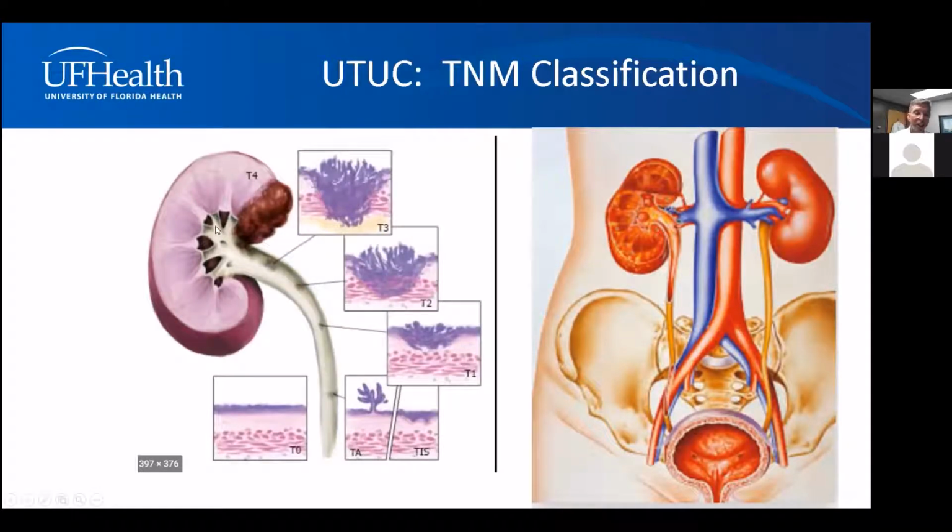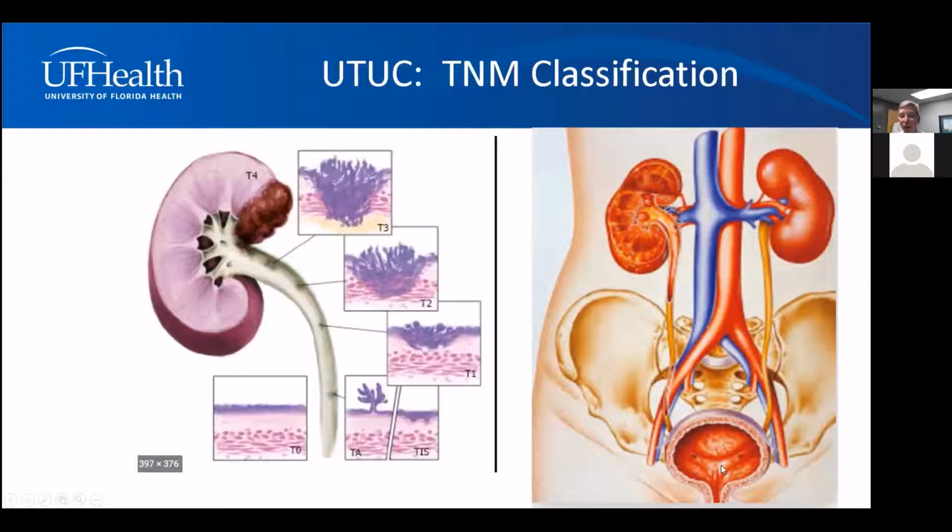The one thing is, it's like a waterfall effect. You're going to see there are more tumors distally. If they come up here, they're seeding the entire ureter, and then it's going to seed the bladder also.